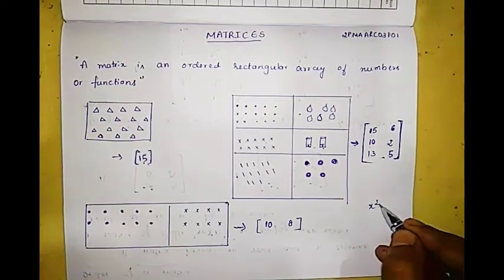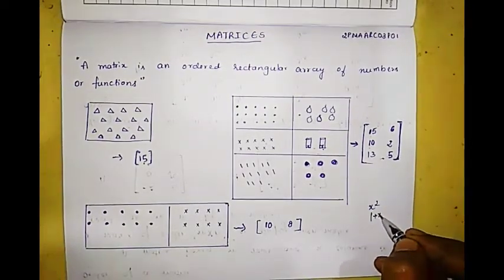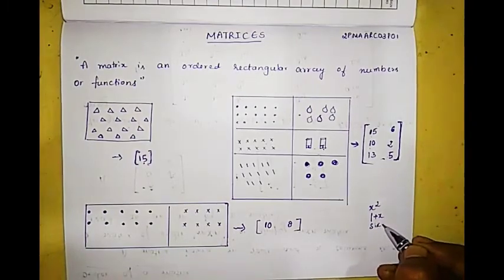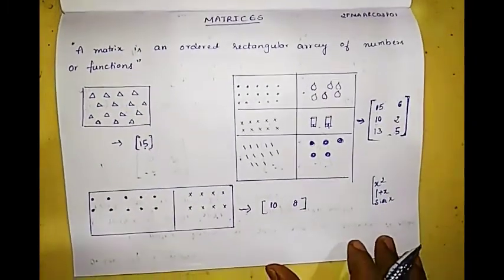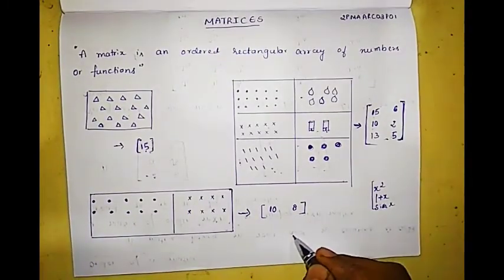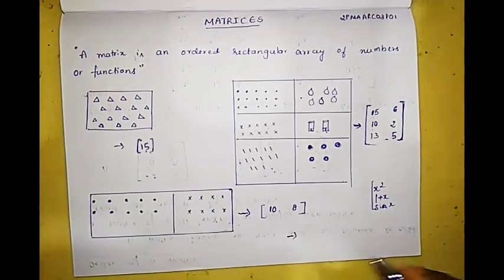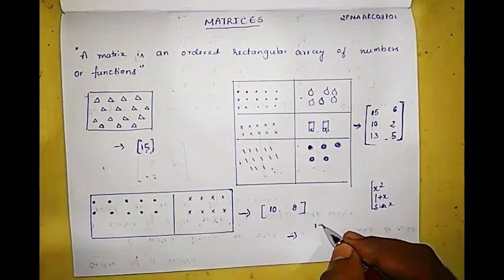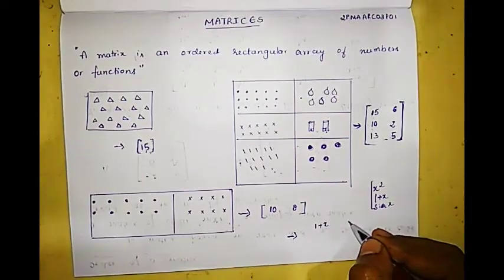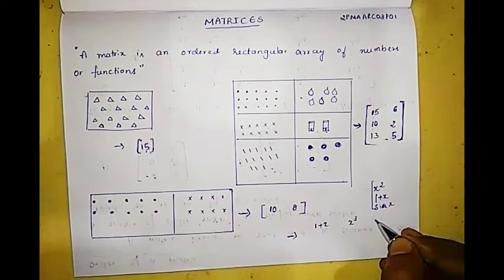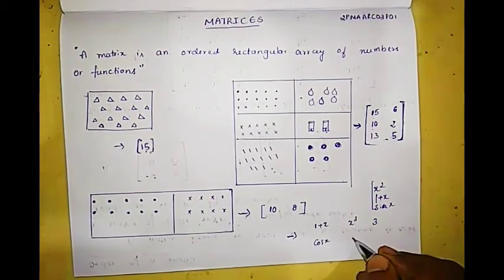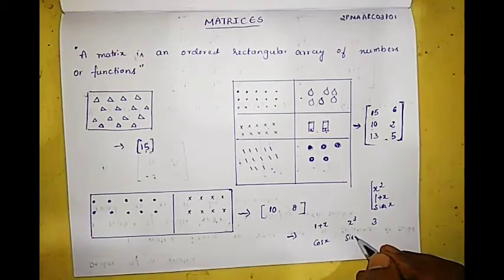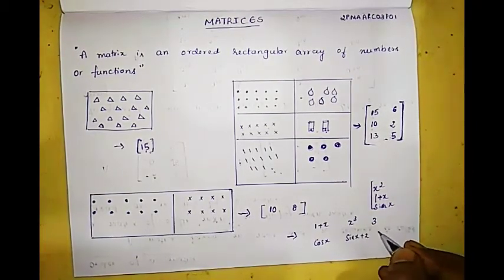And not only this, we have the functions, right? x square, 1 plus x, sin x. All these functions can also be arranged in a matrix. Here is one more example you can write. 1 plus x is the first element, x cube is the second element, 3 cos x, sin x plus 2, tan x.